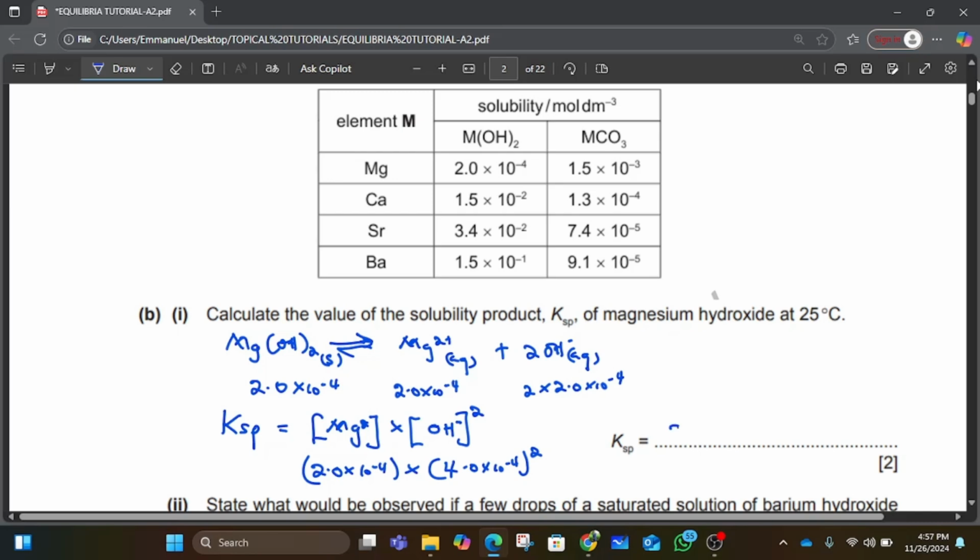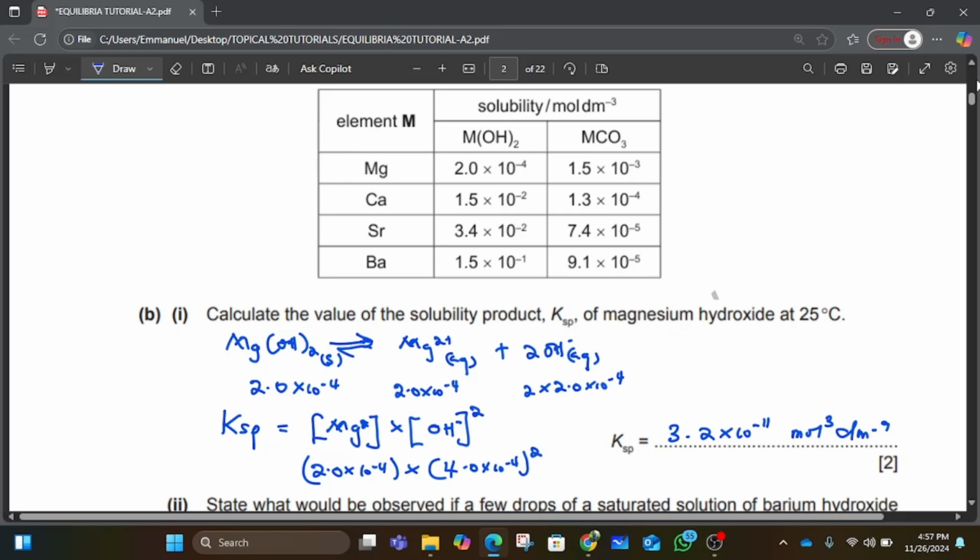This will give you 3.2 times 10 power minus 11. And I suppose the units will be mol^3 dm^-9. So you can try this. The unit for this is mole.